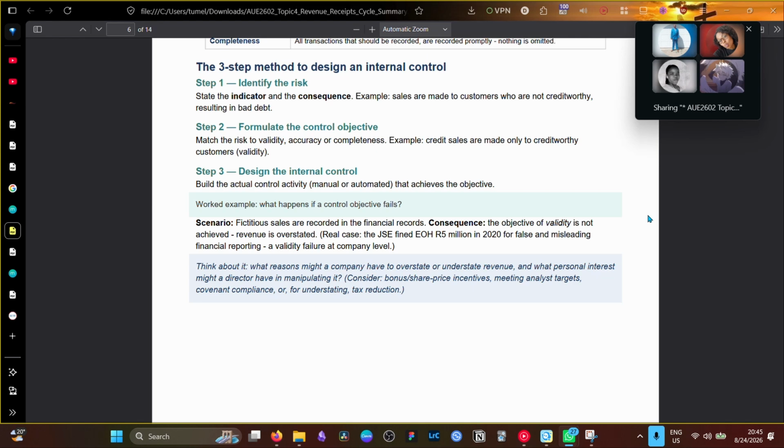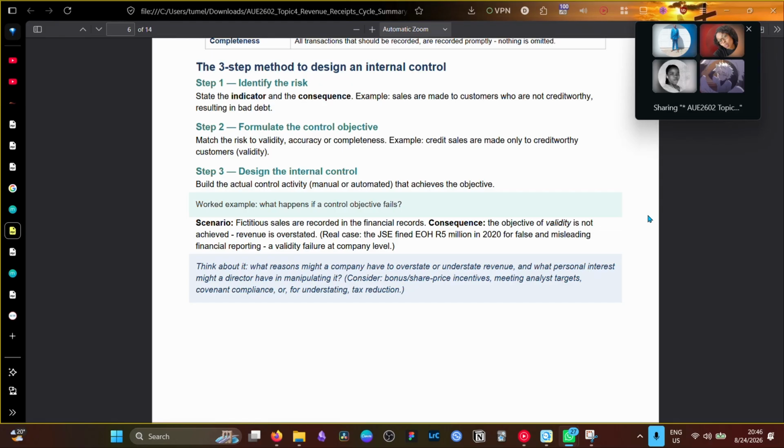Revenue is overstated. And then the real case here: they were fined 5 million for false, misleading financial reporting.